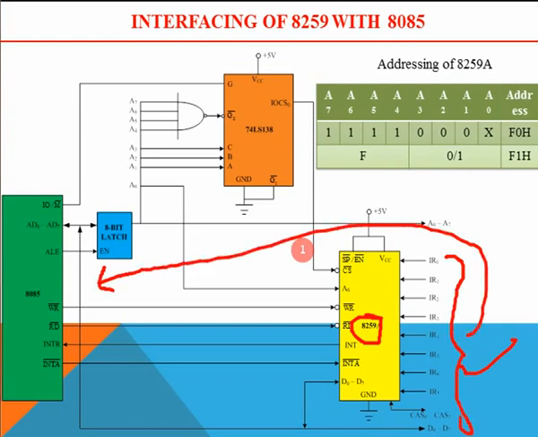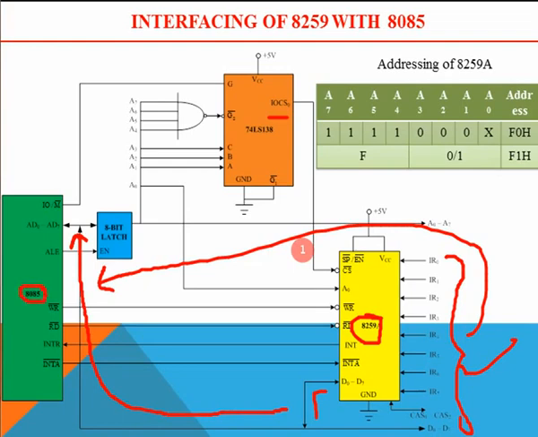The active low pulse is provided by a 3:8 decoder. The data lines of 8259, here shown D0 to D7, are connected to AD0 to AD7 of 8085.